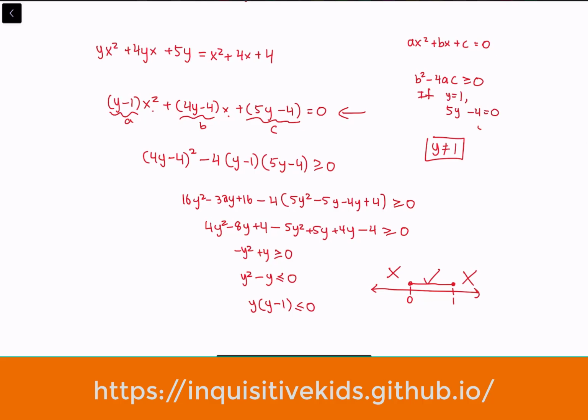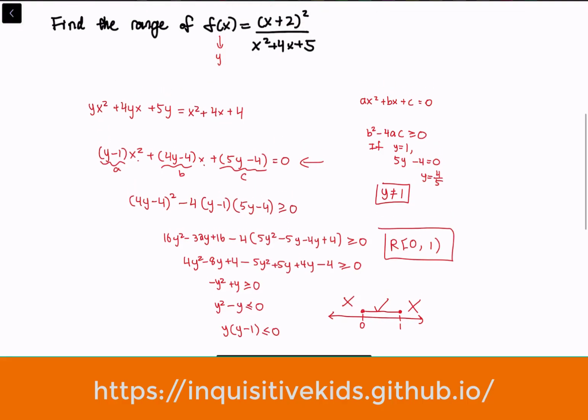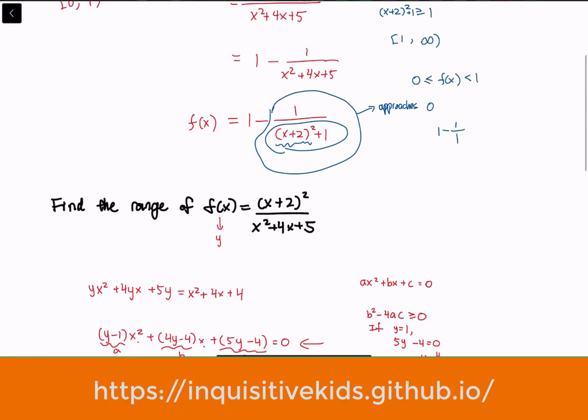And if we solve this, y is equal to 4 over 5. y cannot equal 1 and 4 over 5 at the same time, which means that y can only go from 0 to 1, but not inclusive. So this is the range of our function. As you can see, we ended up with the same answer as the previous solution.